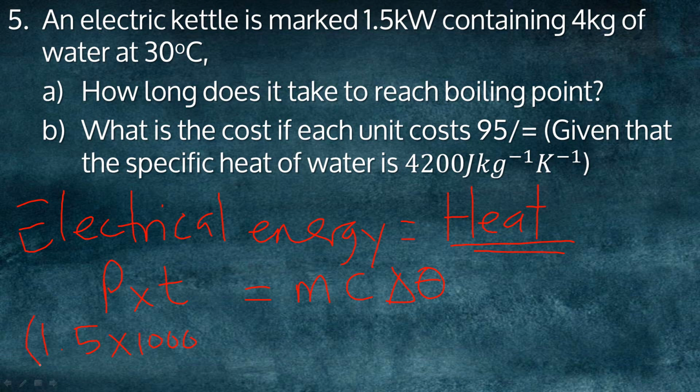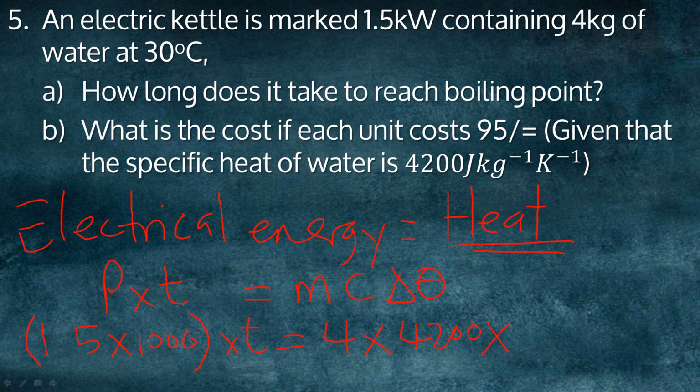So we can have 1.5 times 1000, that's the number of watts, times the time which they're asking for, should be equal to the mass, they gave us 4 kilograms, times specific heat capacity, which was 4200, times, now what will be the temperature change for the water to boil?